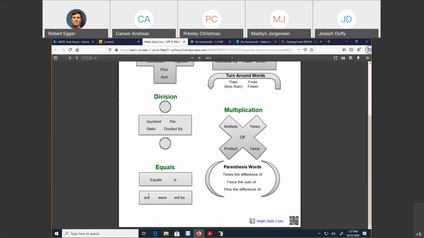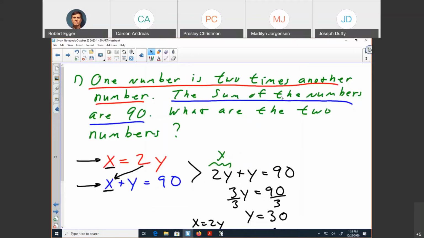Look over here on the terms: R. That's equal. That was a clue. That right there was my equal sign. The sum of the numbers. What numbers? I have two numbers, x and y. Sum, it says add them up, x plus y, are equal to 90.